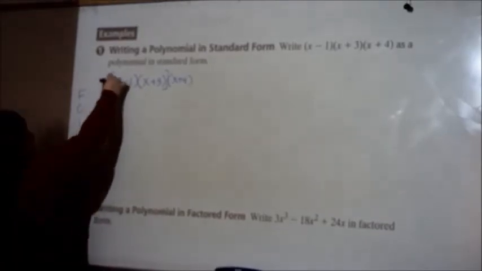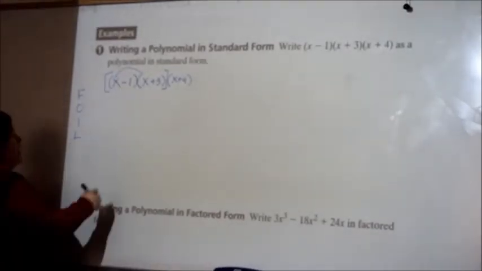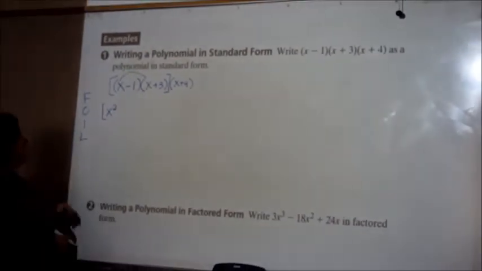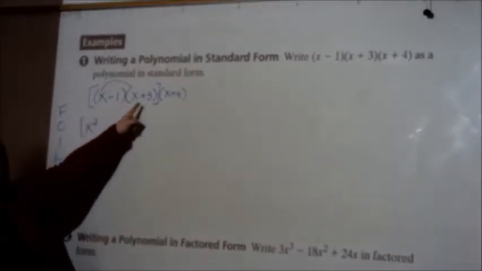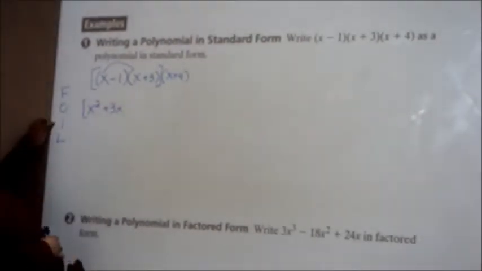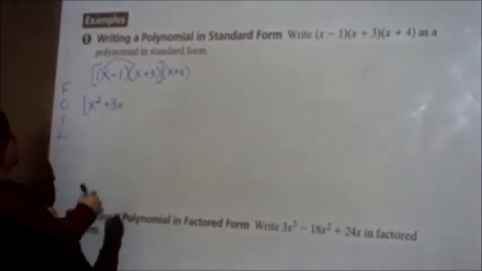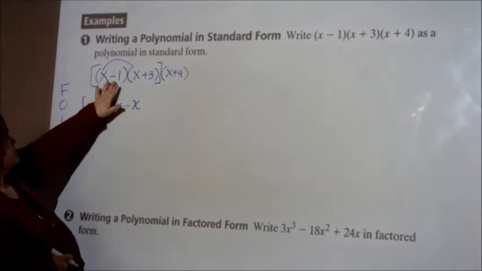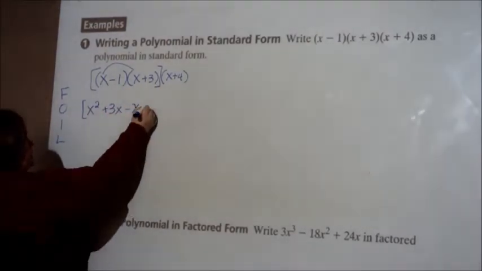So if we look at the first terms, first times first, x times x is x squared. The outside terms, x times 3 gives us 3x. Inside would be -1 times x, or negative x. And the last terms, -1 times 3 gives us -3.